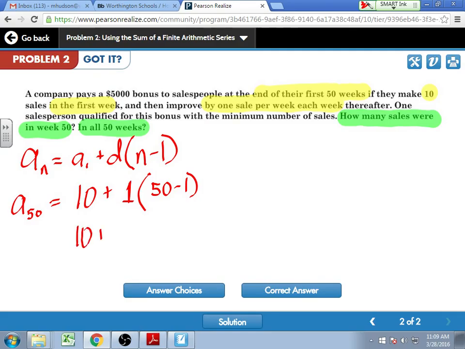So this really becomes 10 plus 49. Sorry, this is just smaller than I anticipated, because last one, when you only have a difference of 1 versus a difference of 2 or 3, even though the difference isn't that big, your end result will be quite large, because 50 weeks makes a big difference. So we get 59, right? So in the last week, I'm going to make 59 sales, hopefully. Oh my god, that's a lot.